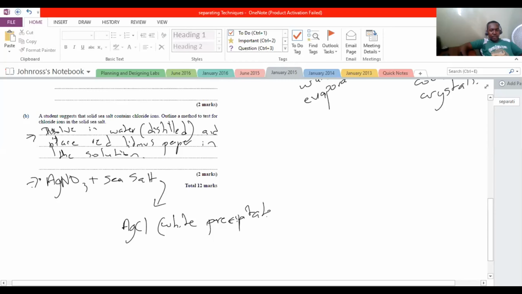So this one is a better option, right? Because we know that the only chloride that is insoluble is silver chloride. So we definitely can say that sea salt has chlorine in it. Right, so that's a better option to use.